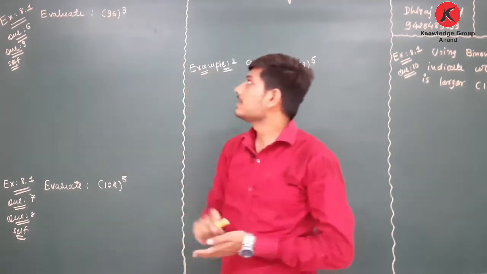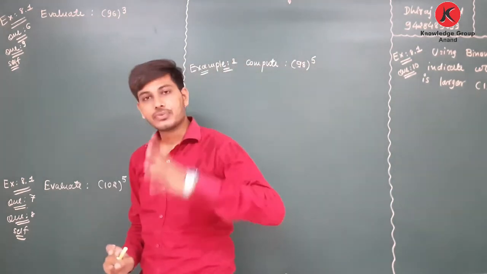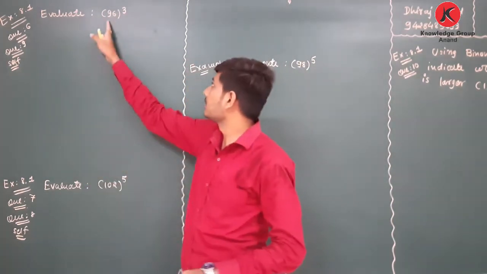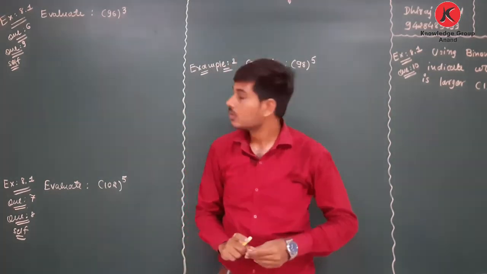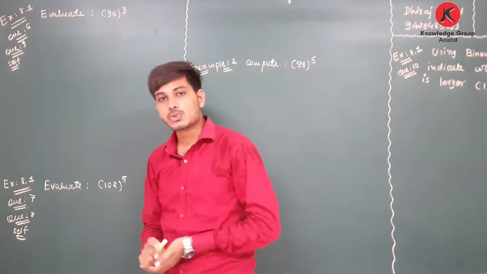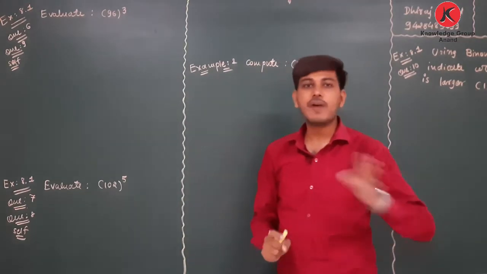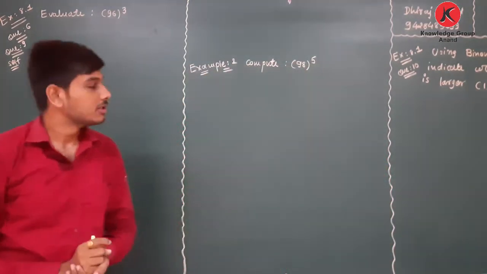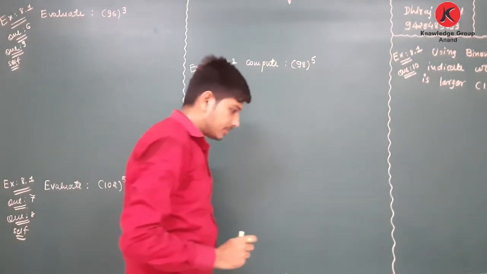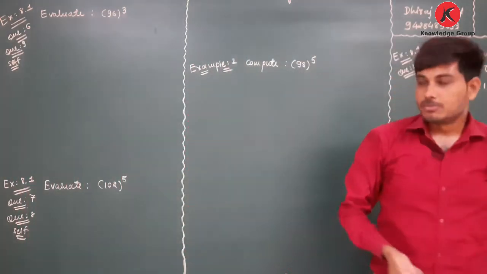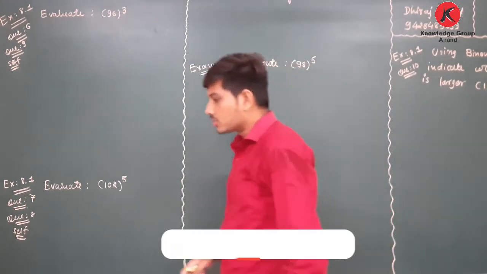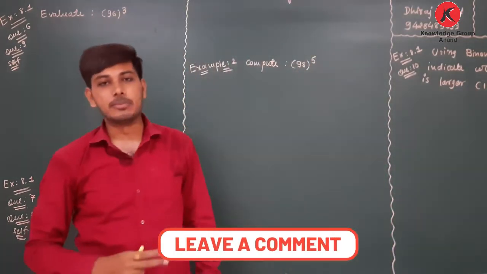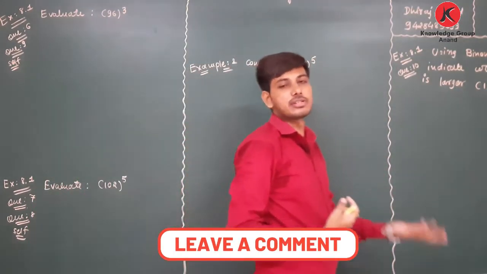Evaluate 96 raised to 3. We have to evaluate this value by use of the binomial theorem. Now, how can we use the binomial theorem? The binomial theorem can be used only for two terms, in addition or subtraction form.